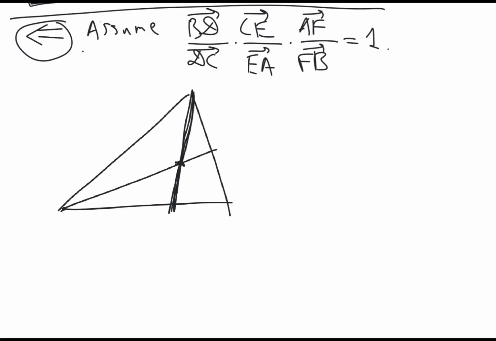So let's denote this point O. So this is, let's say, A, D, B, C, and this is E, and the point F is let's say somewhere here. So then we consider the line passing through O.